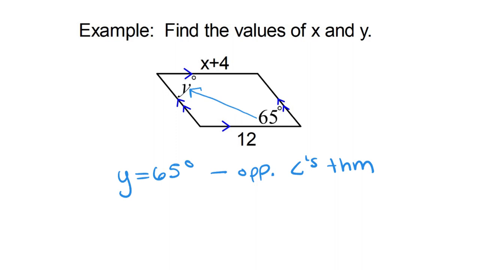So again, we can say that these two sides right here are going to be equal. So x plus 4 equals 12. If we subtract the 4, we get that x is 8. And again, the reason is the opposite sides theorem.